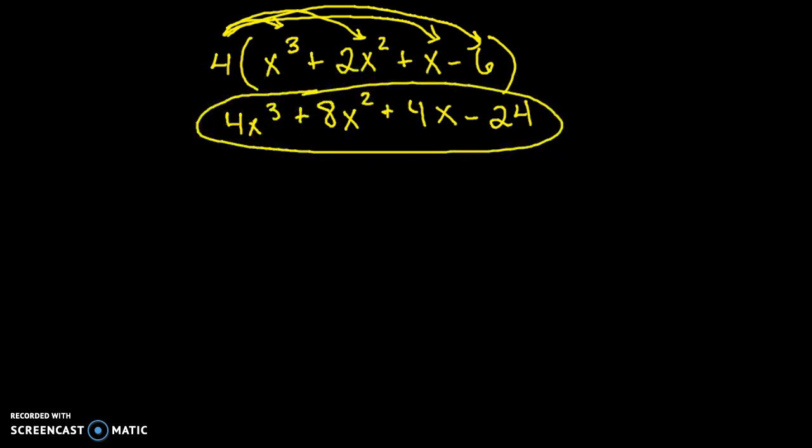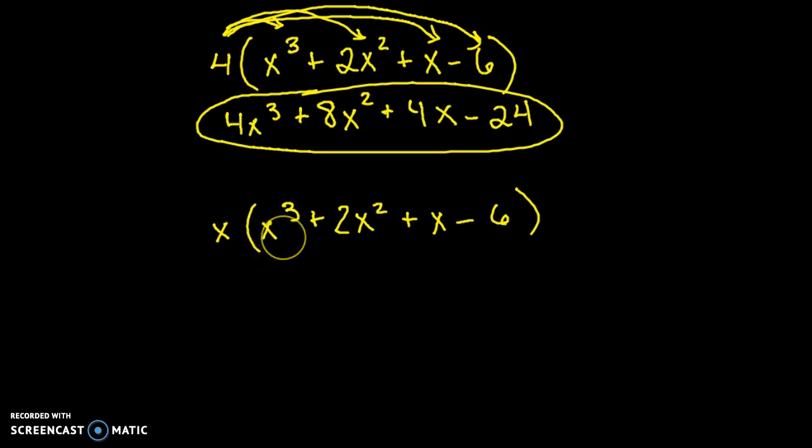Now if I had a variable on the outside, so maybe instead of a 4, I had an x, and then I had the polynomial, and I'll do the same one just so that we can compare it. Now I'm distributing the x, and I'm multiplying every term inside the parentheses by x. We've got to remember our rules of exponents to do that.